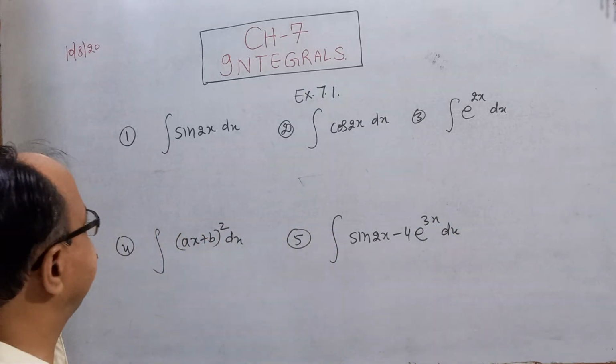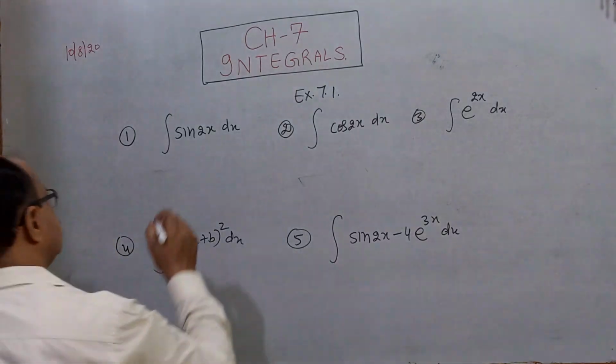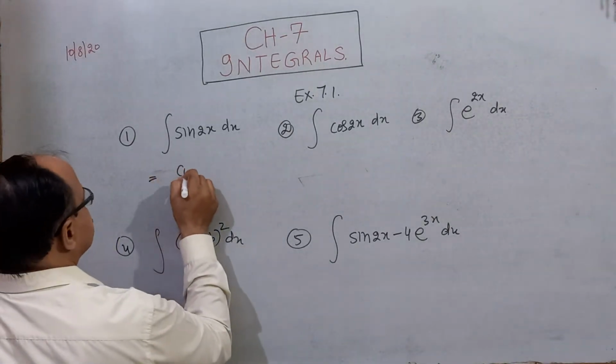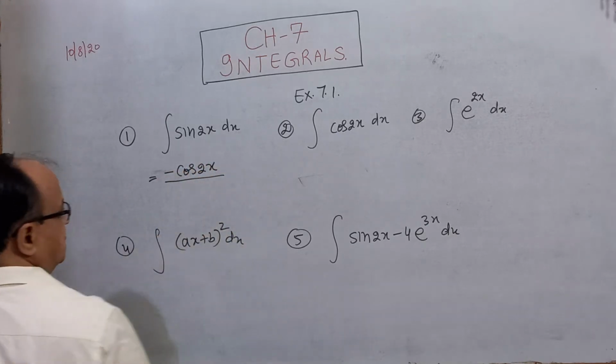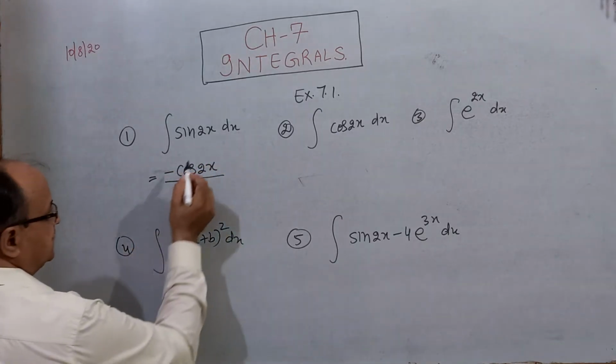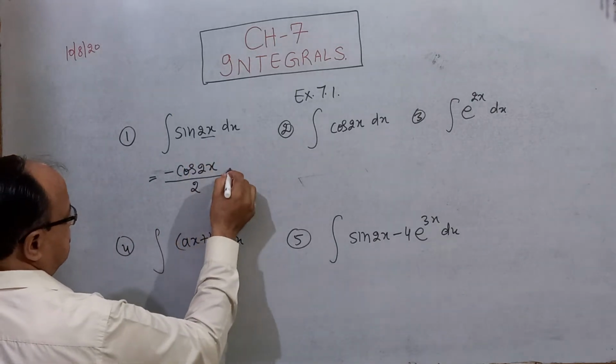Can you solve? Now please tell me, integration of sin 2x is minus cos 2x divided by the derivative of 2x here, plus c.